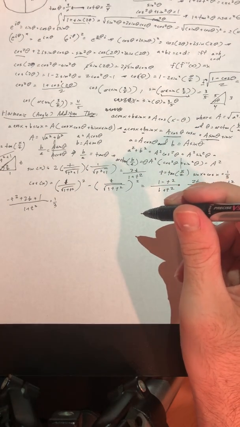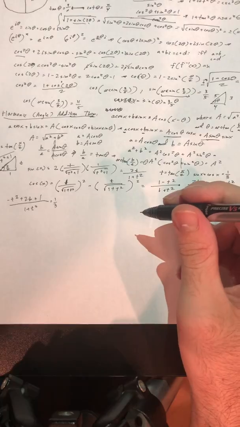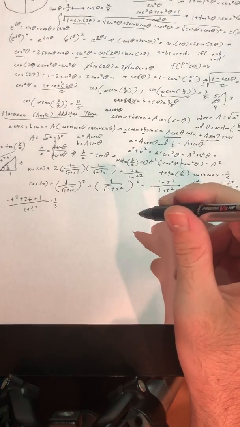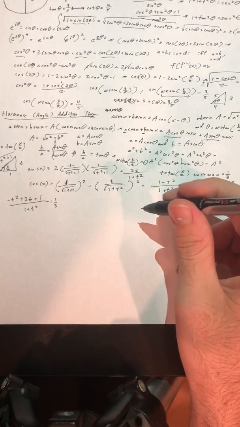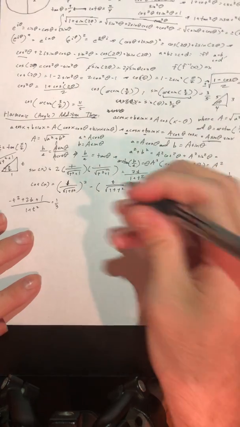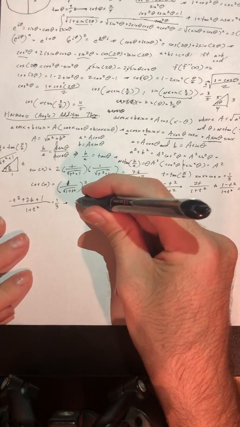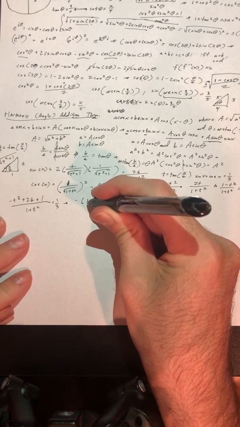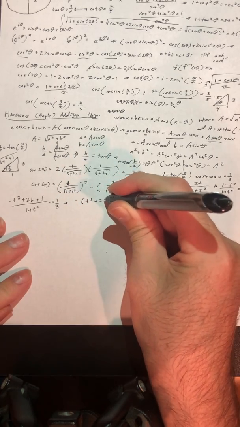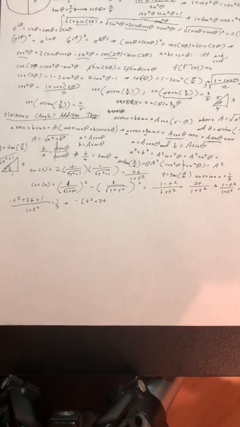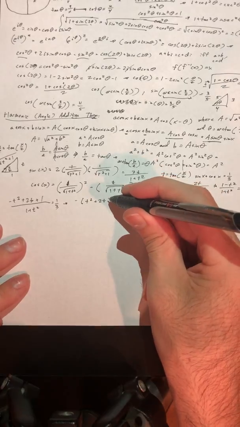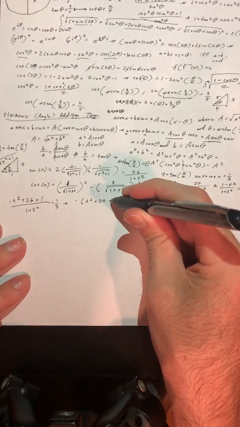What am I going to do here? I don't really like this negative in front of the t squared. So I'm going to pull that out. Negative of t squared plus 2t. I think I'm going to complete the square. So I'm going to add 1.